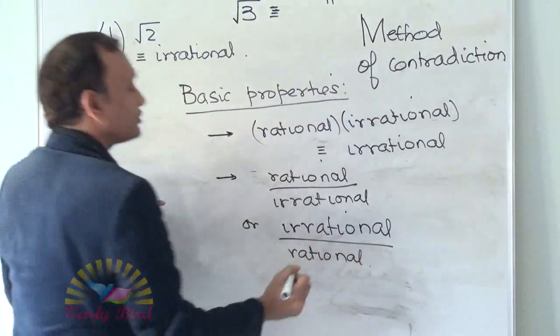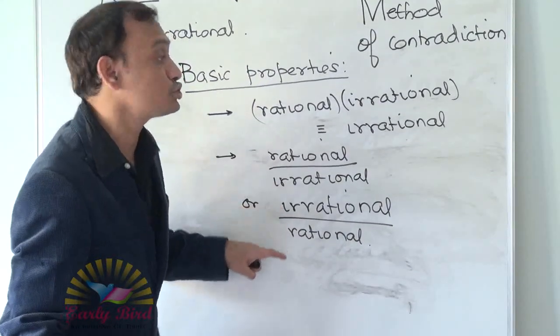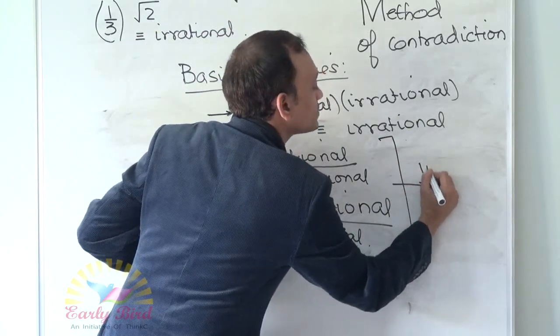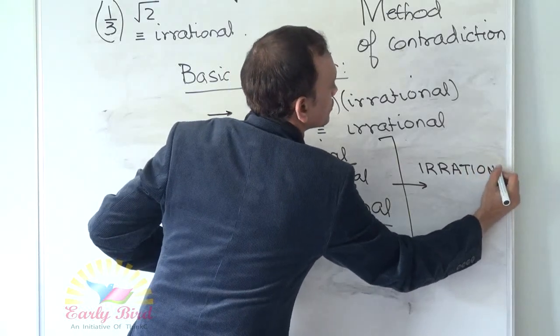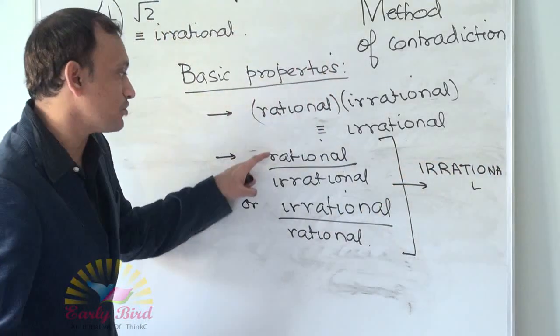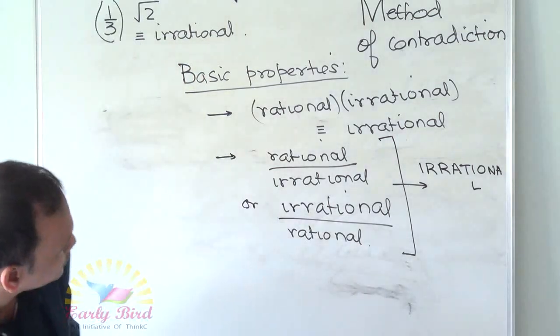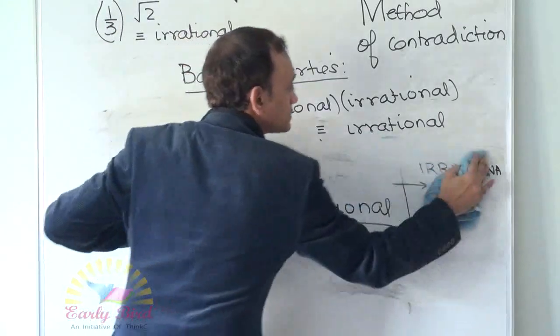Ratio of a rational to an irrational or an irrational to a rational will always be irrational. Please ponder over this. Let me look at some more aspects.